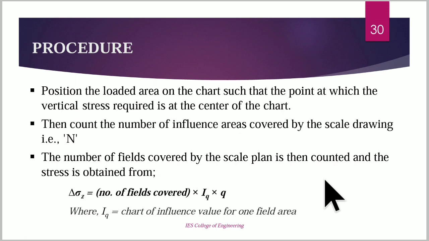The number of fields covered by the scale plan is then counted and the stress is obtained from the equation delta sigma z equals number of fields covered n into IQ into q, where IQ is the influence value for one field area.